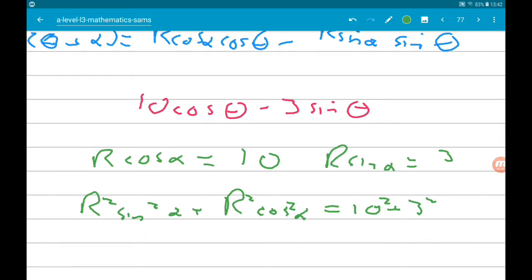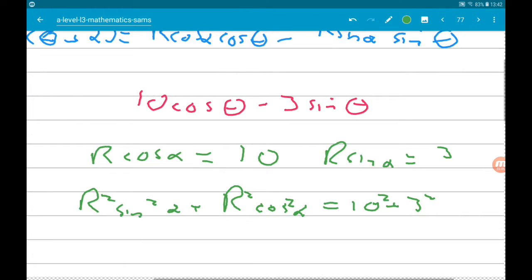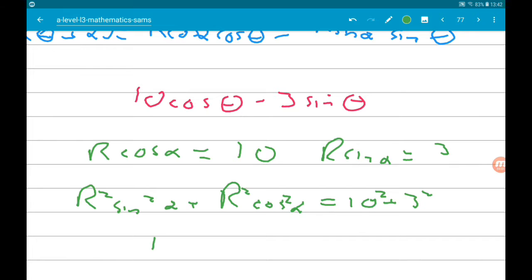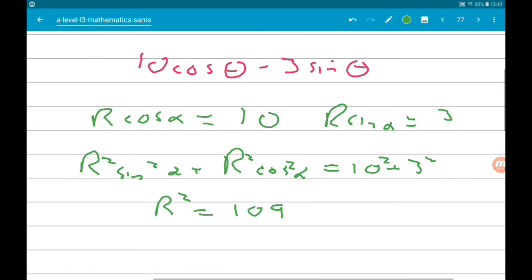Now you can factorise the left to get r squared times sin squared add cos squared, which is 1. So we get r squared is equal to 109. So r is equal to root 109.